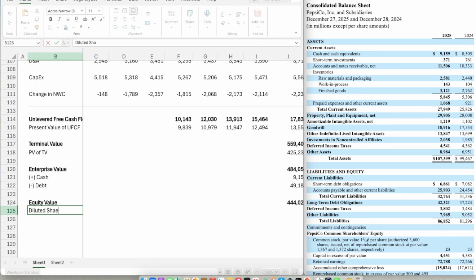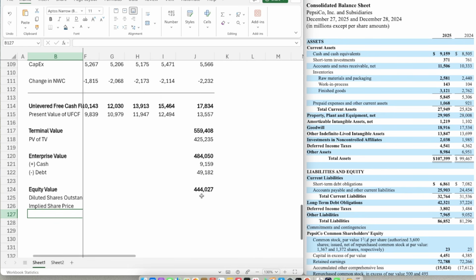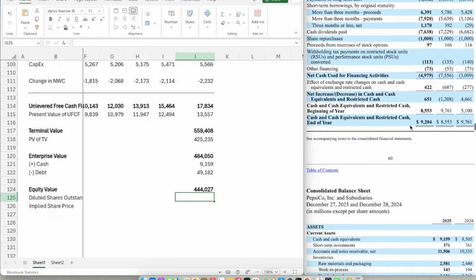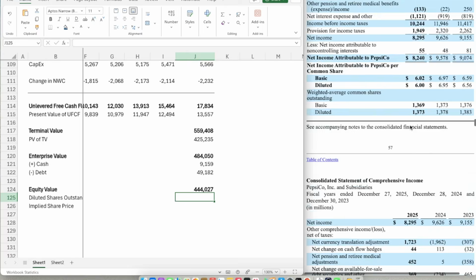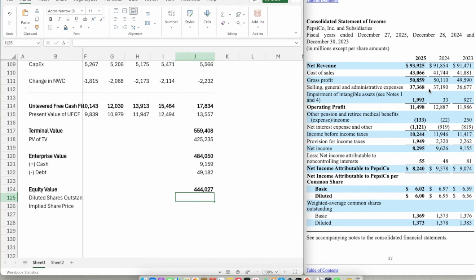On the diluted shares outstanding, we need to go back onto the income statement to give us an implied share price. So the diluted shares outstanding are 1373.